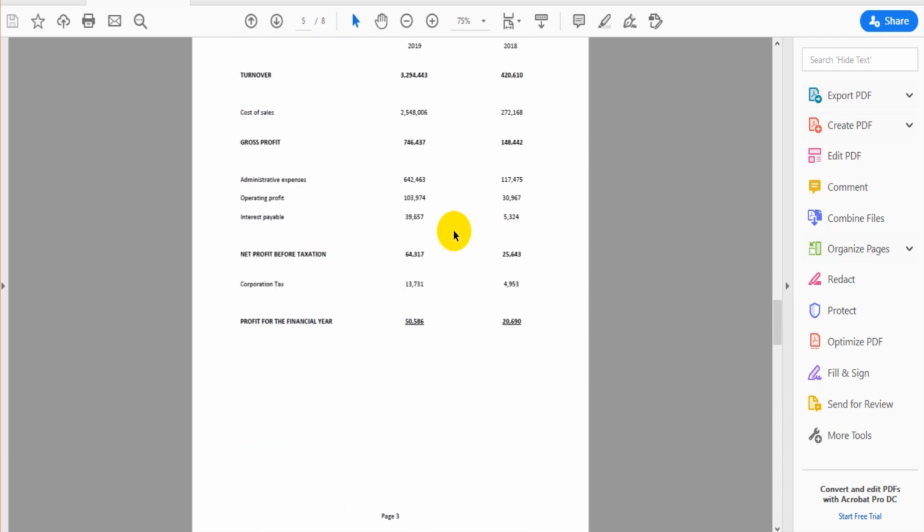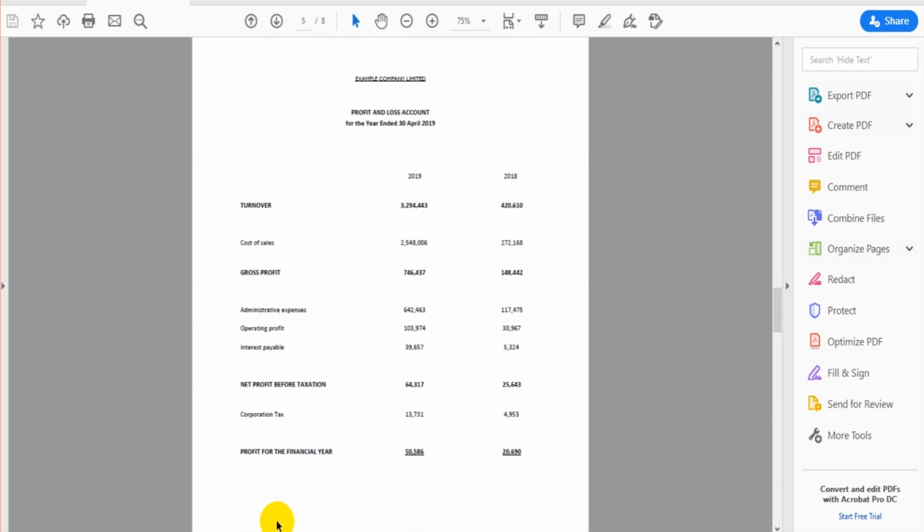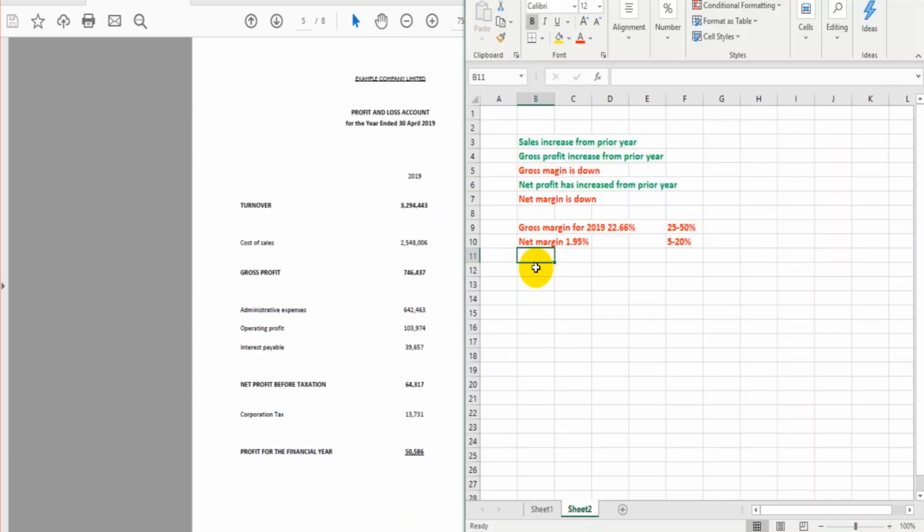looking into those things. So taking that all into consideration, I would actually say overall, taking directors' remuneration into consideration, net profit is healthier than first thought.